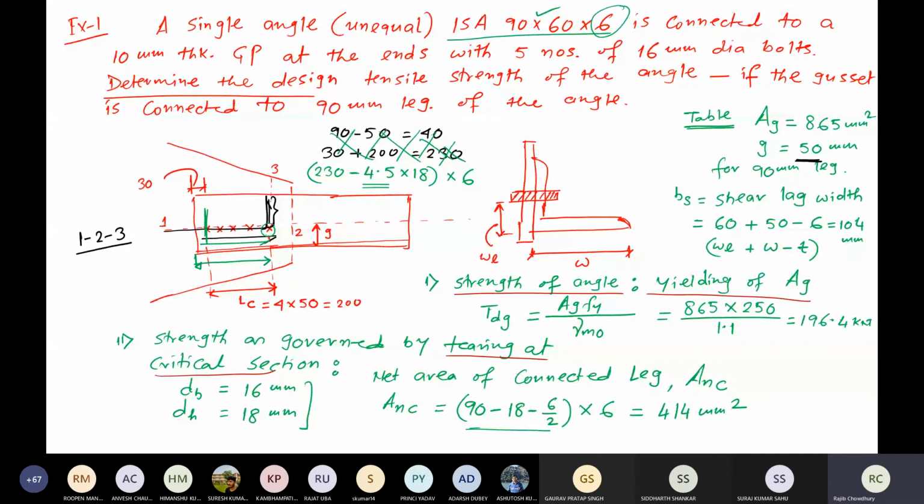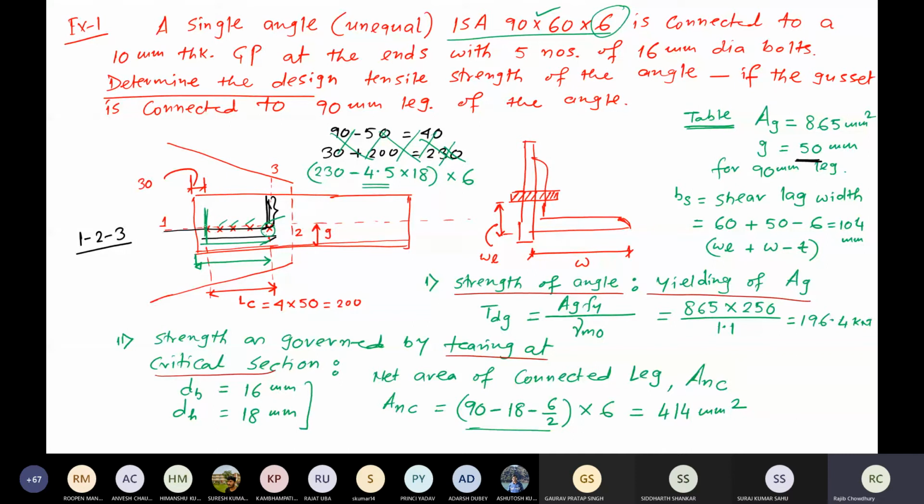That is why these 4 bolts are there, and 0.5 we are considering from the last bolt to ensure that we are taking things from the centroid of the bolt, because we are making it an effective area.